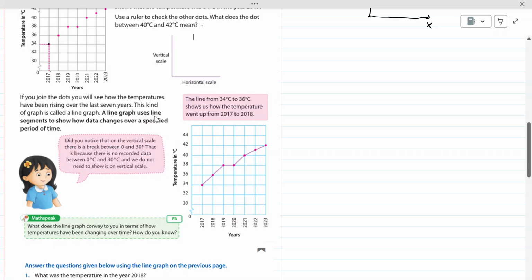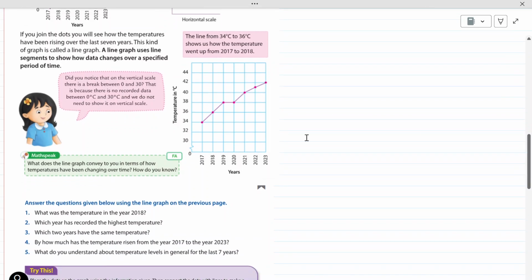So a line graph uses line segments to show how data changes over a specified period of time. What that means is, here we use a line to represent the data, to show how the data is changing with time. Now let us go to the questions based on this graph. Answer the questions given below using the line graph on the previous page.